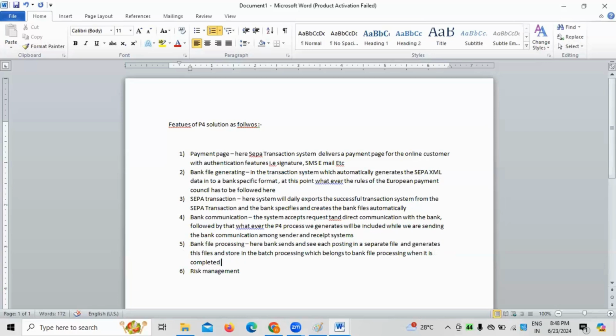Okay. Next one is about risk management. This is the last feature which we need to mention here.